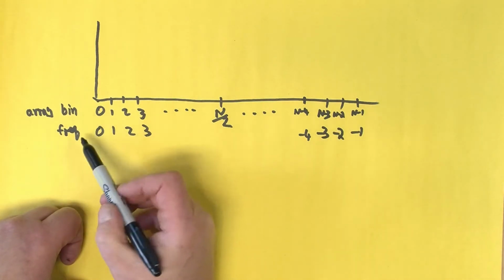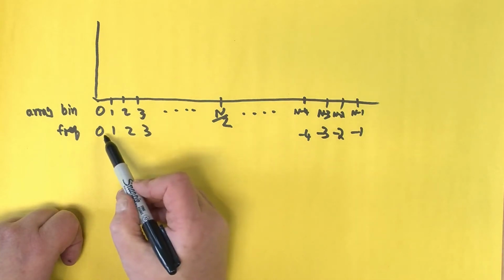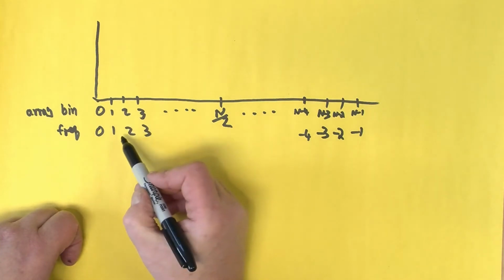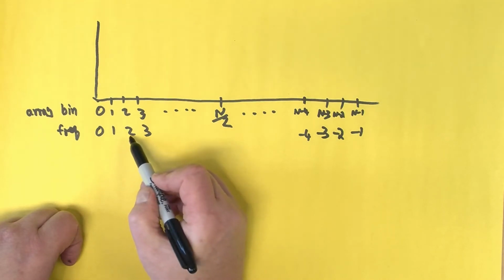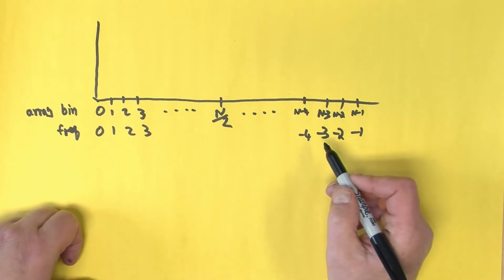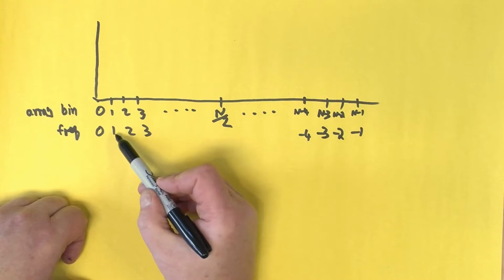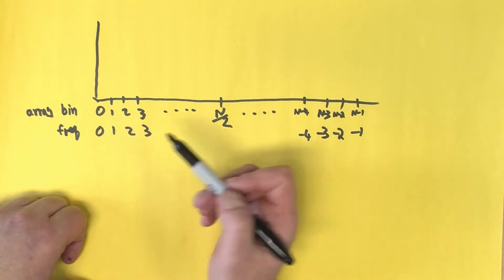But I've also, below that, to make it a little bit clearer, written in, here are the frequencies of those bins. 0, 1, 2, 3, and then the negative frequencies over here. But these are sort of unitless frequency bin numbers.